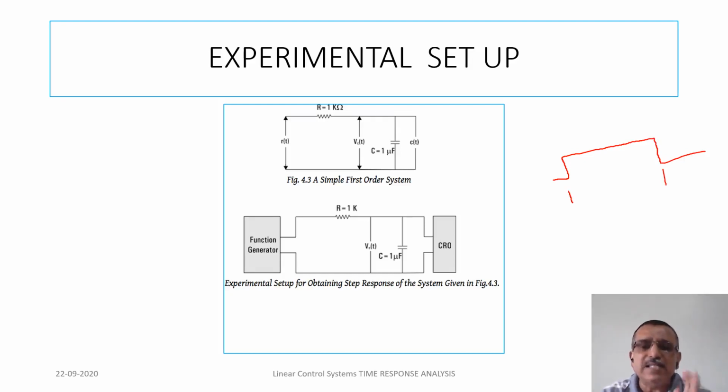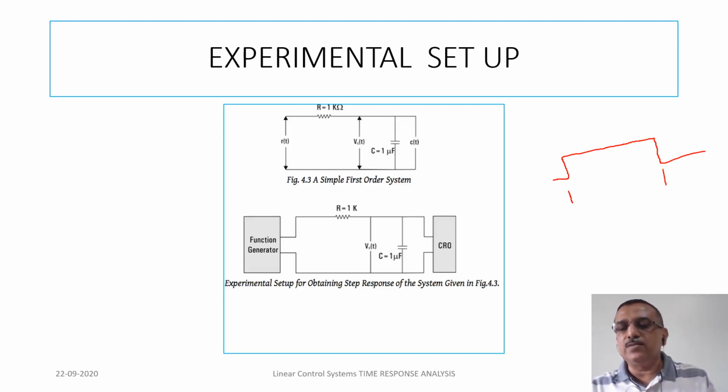Let us look at the physics of this. Let us forget about all the equations. You apply a 1 volt square wave, so this height is 1 volt. When you give 1 volt here, what happens? The capacitance will get charged. What do you know from the physics about the voltage across the capacitance?